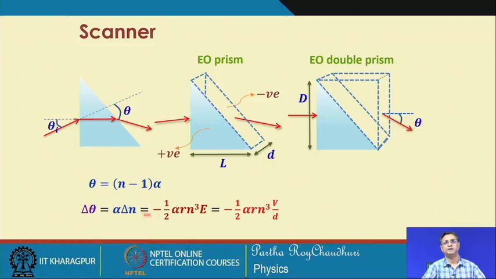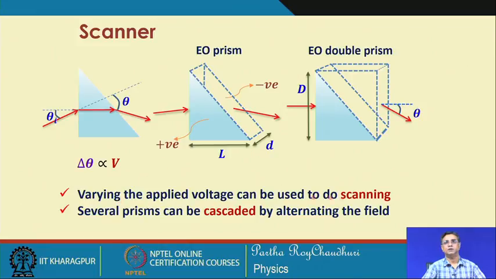So, you have delta theta, which is equal to this, and now by applied voltage V, you can actually control the angle of emergence from the prism, which can be used to scan different objects on the screen. So, by varying this, the gain can be multiplied by cascading several prisms with an appropriate design configuration.